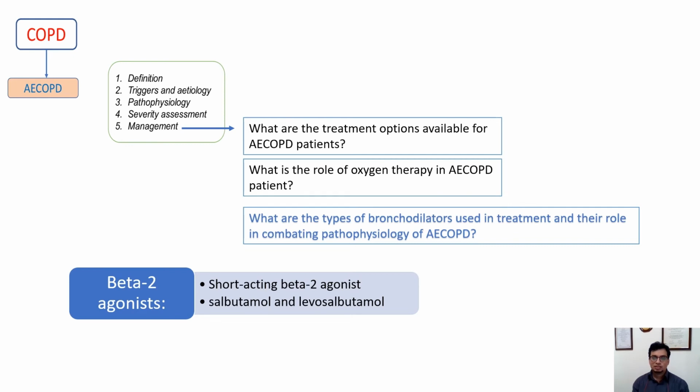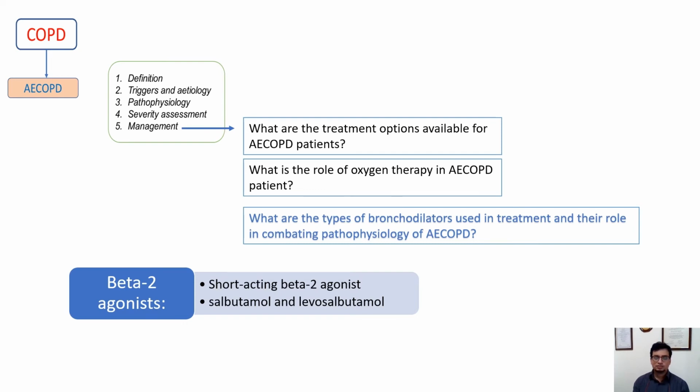Short-acting beta 2 agonists like salbutamol and levosalbutamol relax respiratory smooth muscles and increase airflow in expiration. They also augment mucociliary clearance, enhance vascular integrity and metabolic responses, and inhibit mast cell and basophil activation.